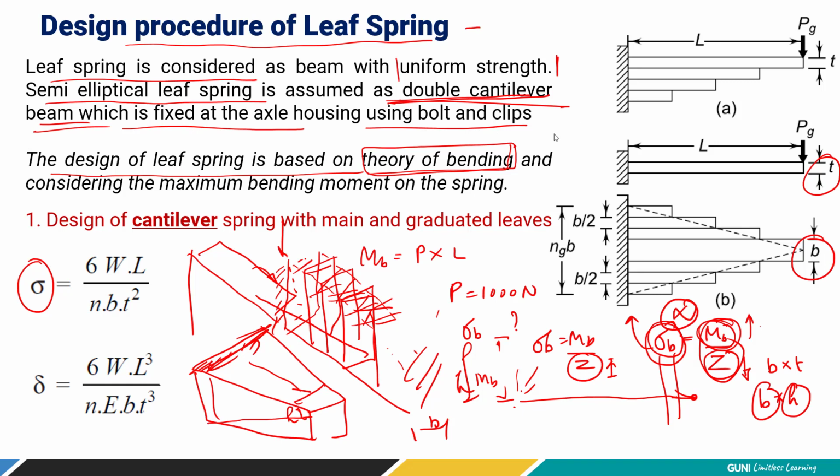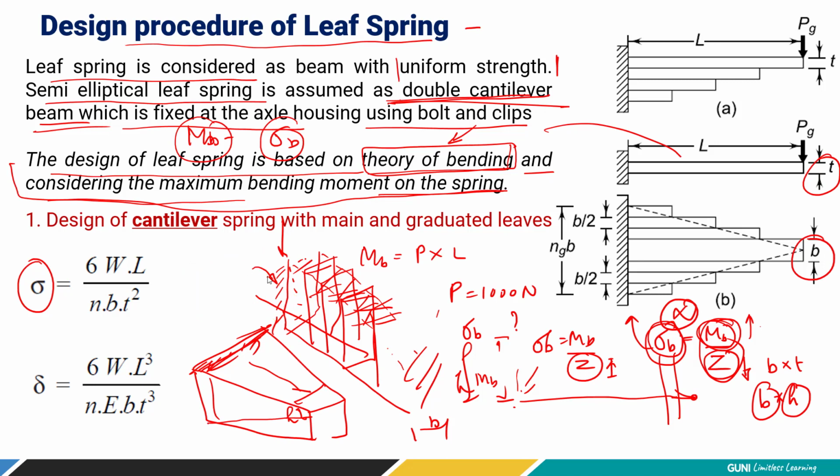So whenever you say beam, they are going to be bending, right? So it is based on the theory of bending. And considering the maximum bending moment on the spring, as discussed earlier in many lectures, you must consider maximum bending moment, or you can say the bending stress. Based on that, you have to find the cross section.